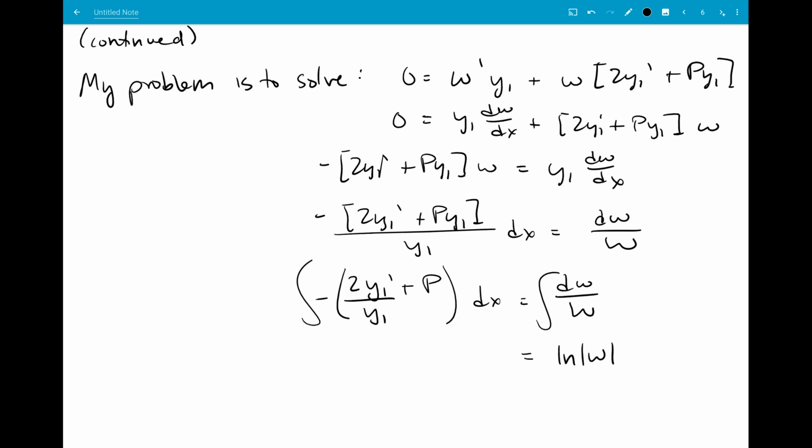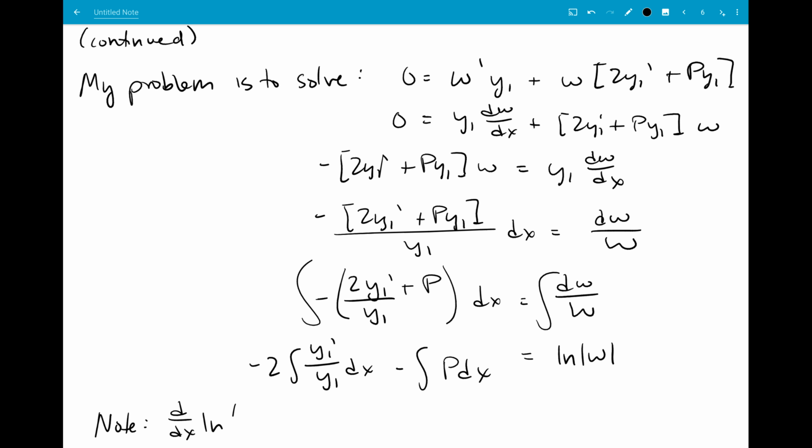So I can go ahead and try to break it up into two pieces. You can even pull the 2 out: integral y1 prime over y1 dx minus integral p dx. And I'm going to have to note that this integral might not be super obvious, but think about it in reverse.